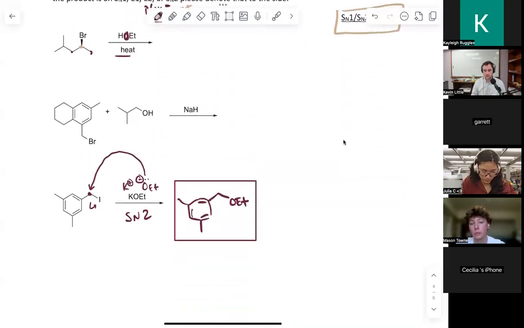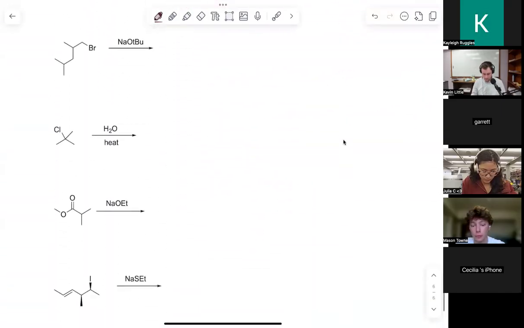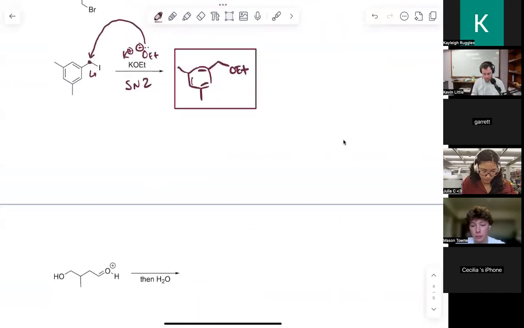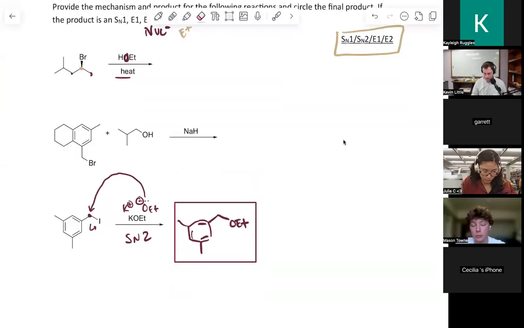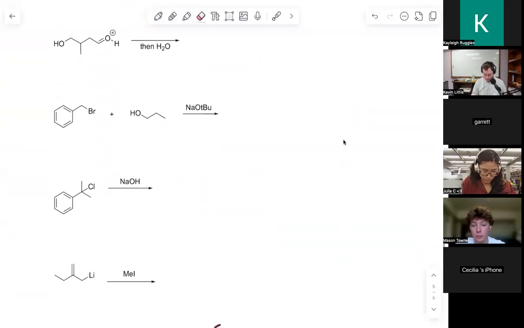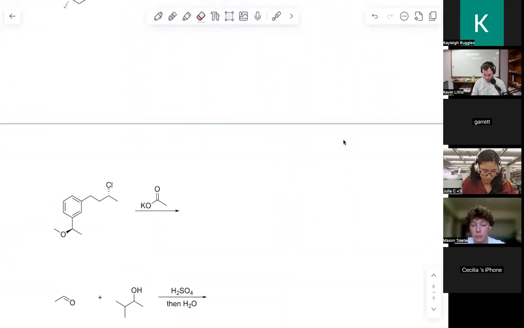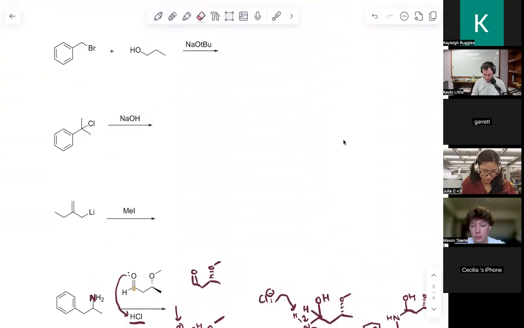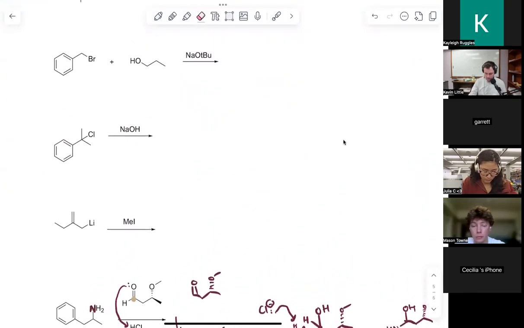All right. Any other specific questions, or I can just start going through these one by one. Can you go over how to differentiate between an elimination and a substitution reaction whenever heat isn't denoted? Okay, so there's a couple different ways. Let's look at this guy. There's no heat.